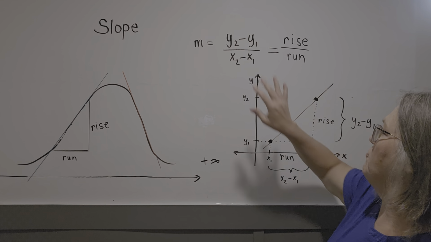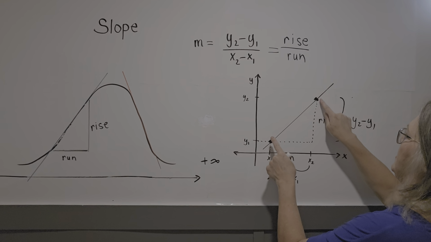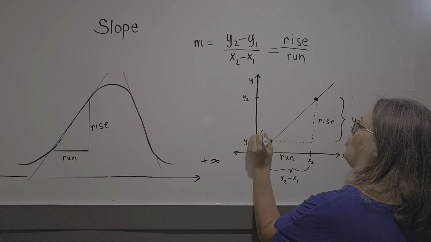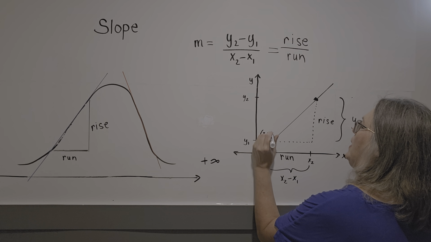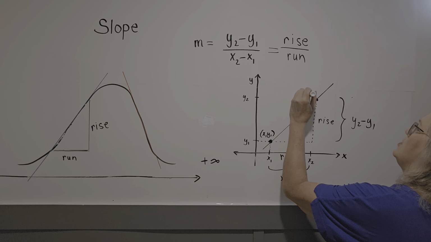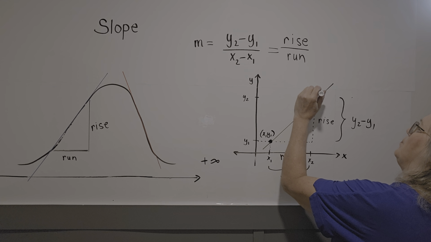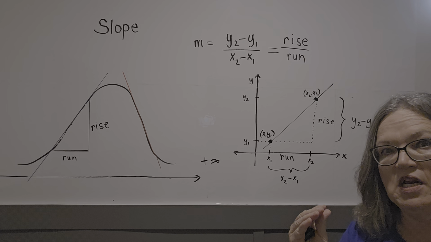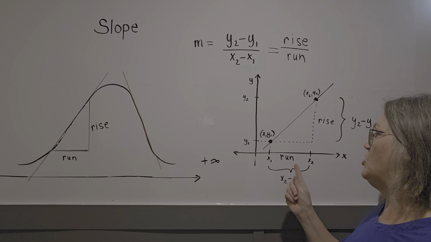Well, where does this come from? This comes from 2 points in the rectangular coordinate system. So here we have the point x1, y1. And here we have the point x2, y2. And if you're just looking at the x values and focusing on them, the difference is the run.